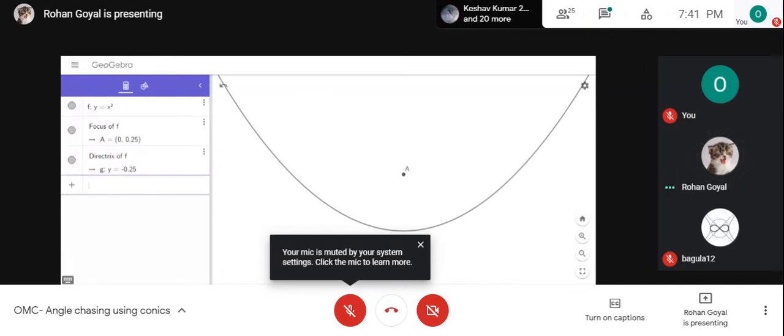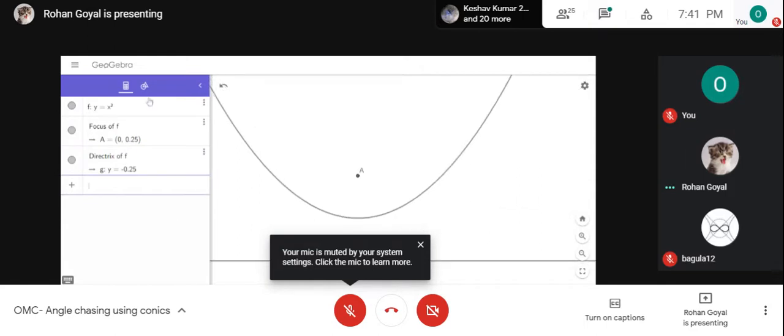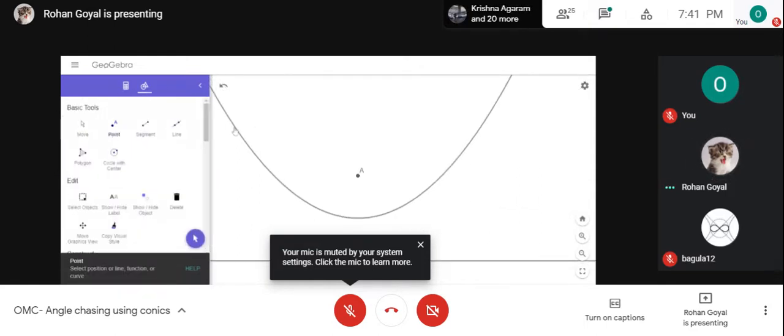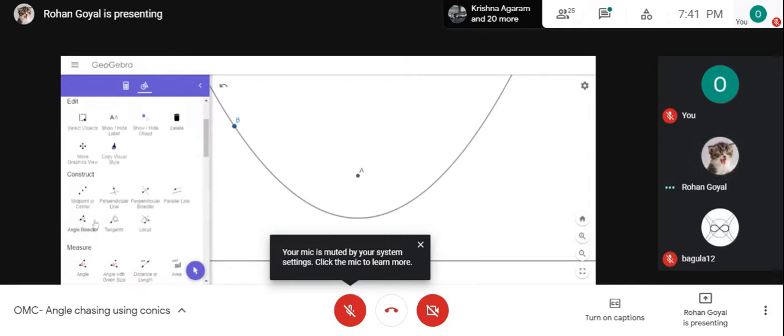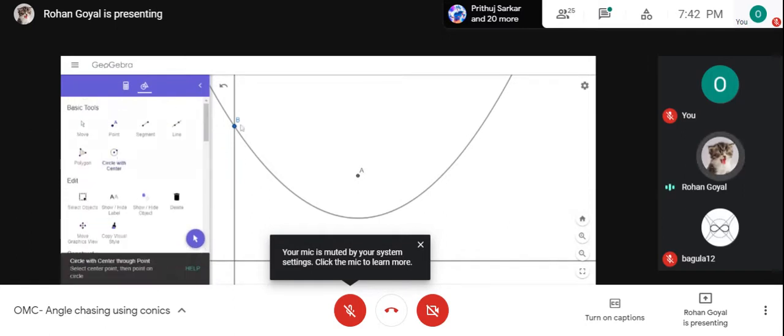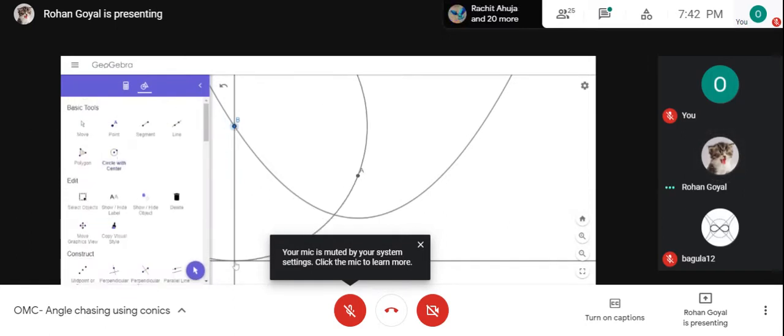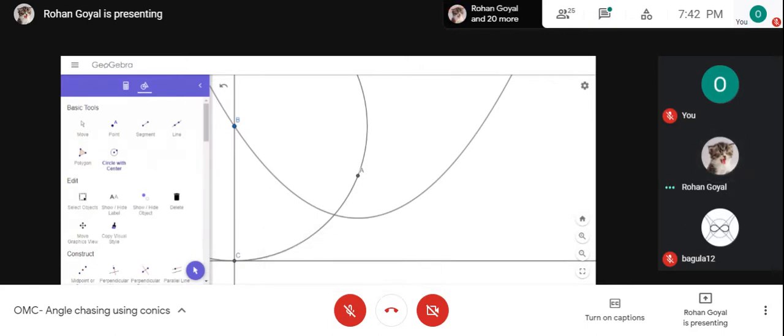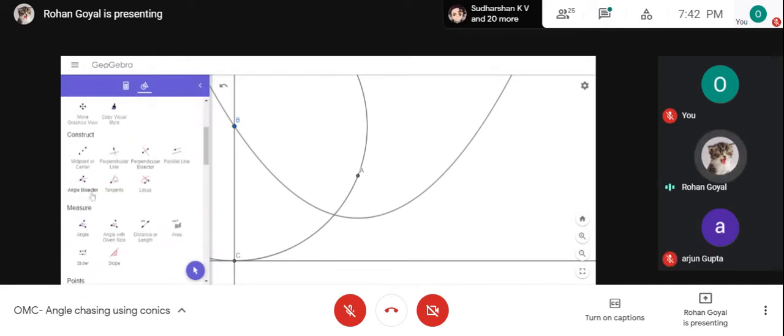And it's the set of points such that BA equals this distance. Is the definition of a parabola fine? Yeah. Okay.